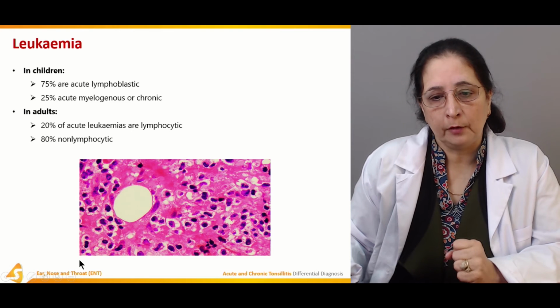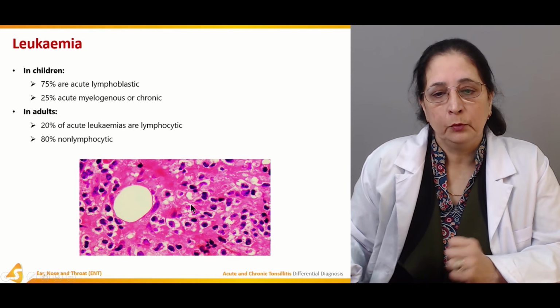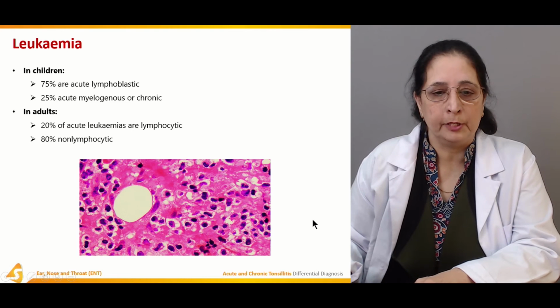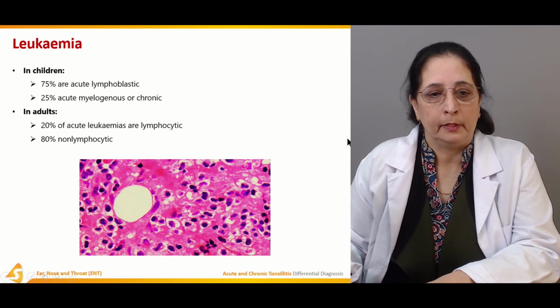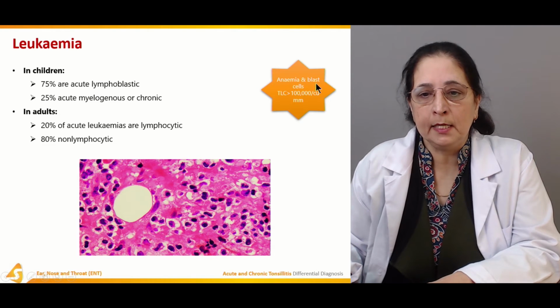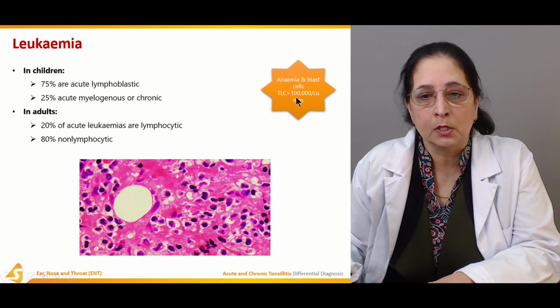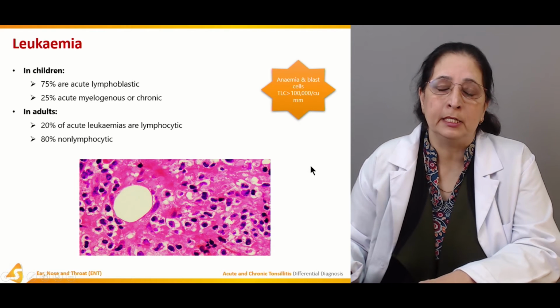This is the picture of the patient with leukemia. The cells are not regular, mature, and normal. Anemia and blast cells are present, and TLC, total leukocyte count, is more than 100,000 per cubic millimeter.